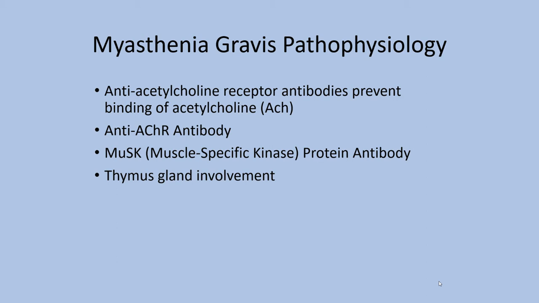So about 80% of patients, you'll find that it's the anti-AChR antibody, the one that was attacking those acetylcholine receptors. So the antibody that goes to the acetylcholine receptor, the anti-AChR antibody, is about 80% of the cases of myasthenia gravis.